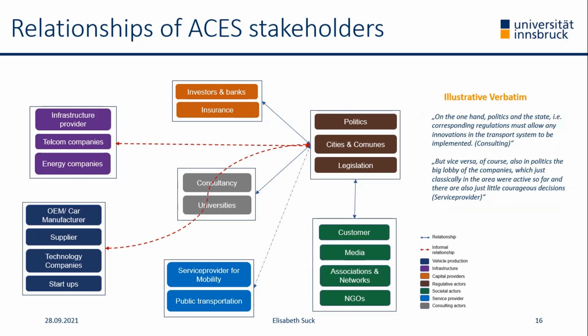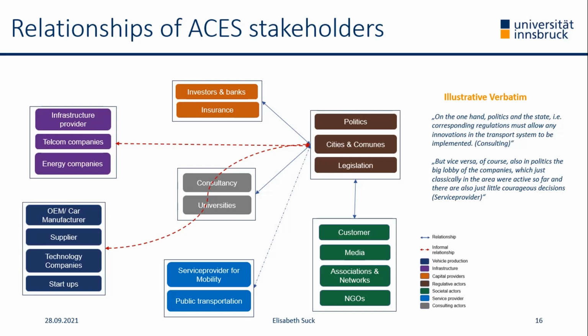The interviewed experts see this especially in the case of OEMs and telecom companies. You can see this here as the red lines as informal relationships, and they describe that often the relationship between these actors is too close or somehow influences each other and then abuses the power.